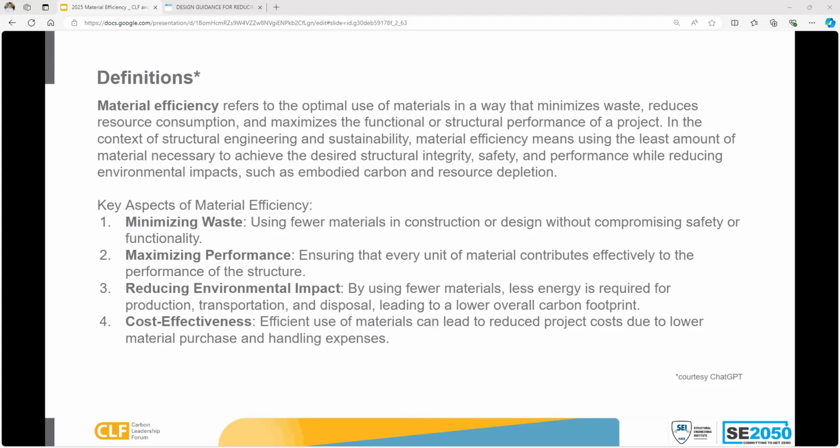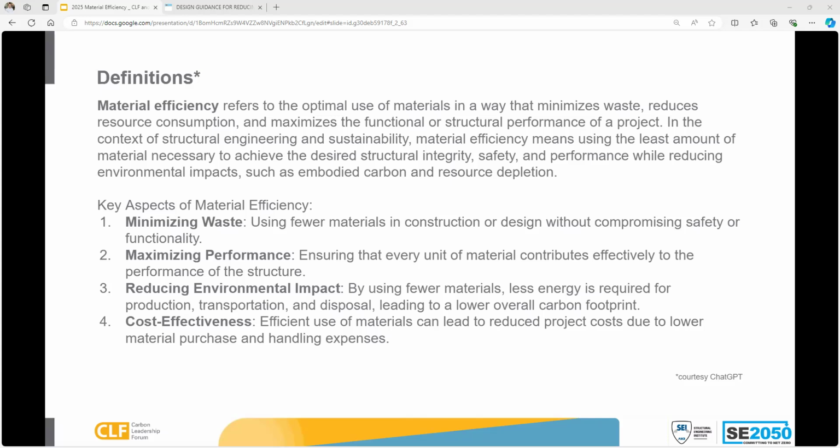Okay, well, let's start with some definitions. This is courtesy ChatGPT, but we're talking about optimization and the use of materials, minimizing waste, which is helping to reduce resource consumption, but keeping in mind that we still have to maximize the functional or the structural performance of a project, and it has all these good benefits.